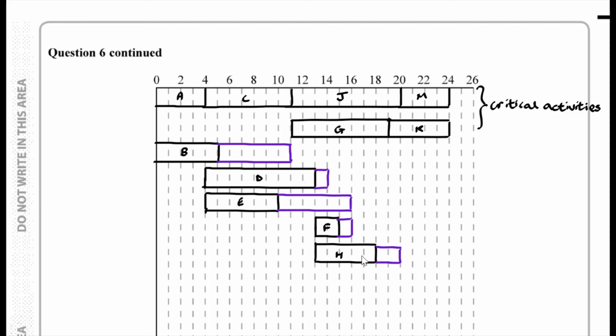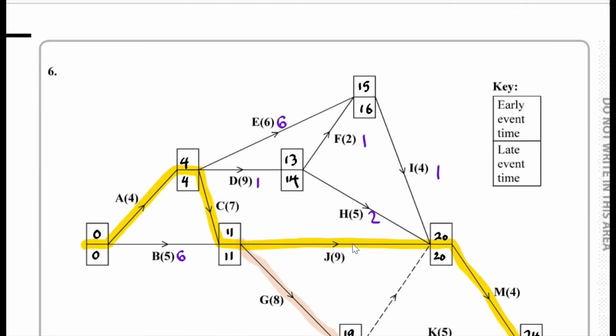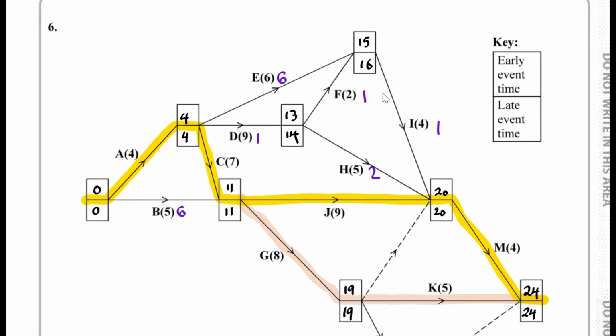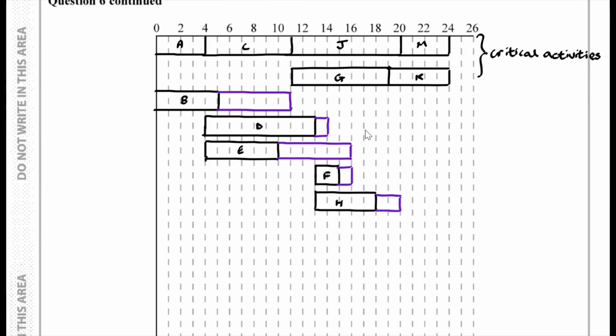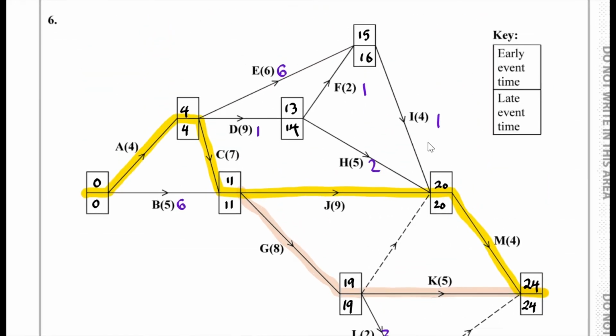Now, after H, if we consider I, wherever that is, that's when F finishes. So when F finishes, we start I. So I starts here somewhere, and then that has a duration of, if I go back, 4.